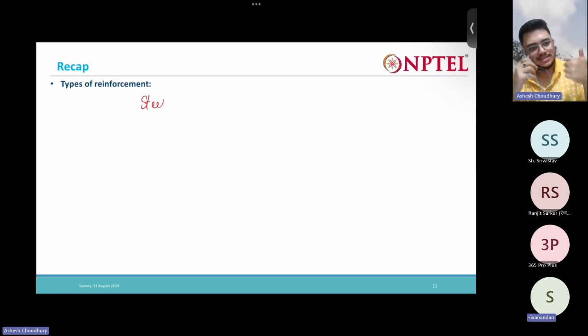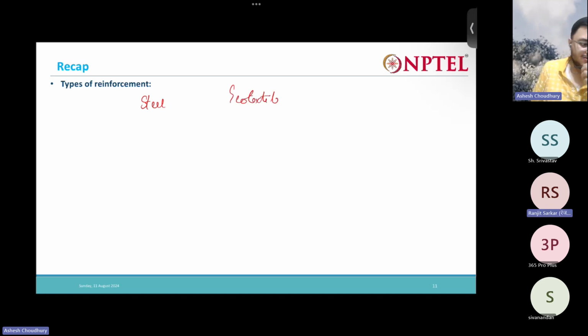Geotextile, geonet, geogrids, geomembranes. So out of these, which will you use for reinforcement? Geotextile and geogrids, yeah, correct. Geocells.